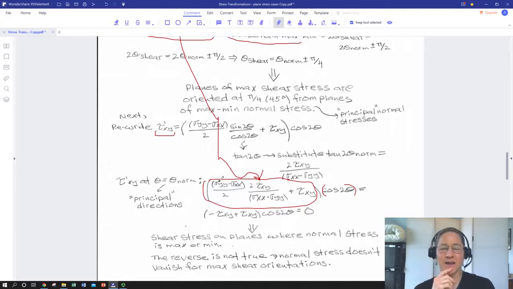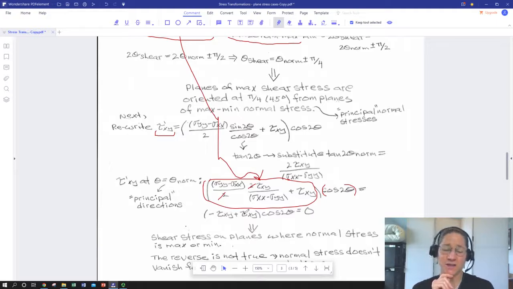And we notice something kind of interesting. We have 2 times the applied shear stress multiplied by sigma yy minus sigma xx divided by sigma xx minus sigma yy. Well, that's -1. So we end up with negative applied shear stress plus positive applied shear stress times cosine of 2 theta.